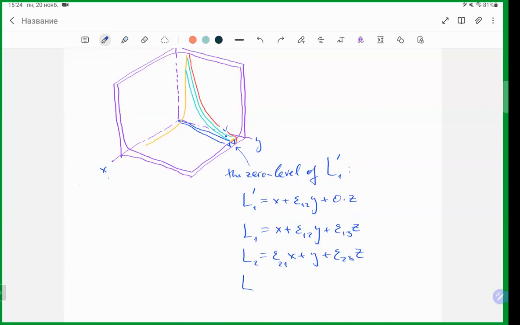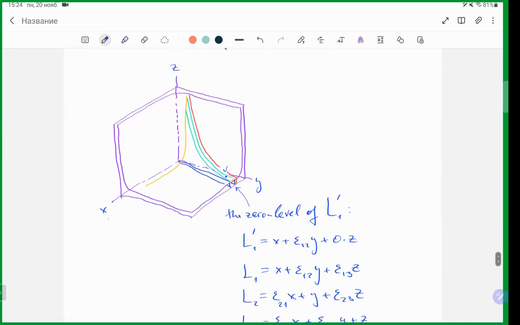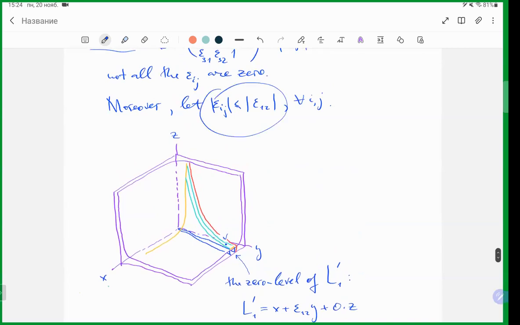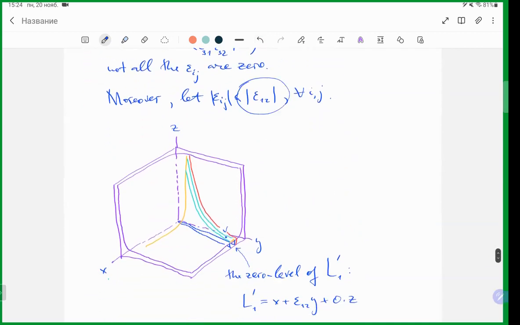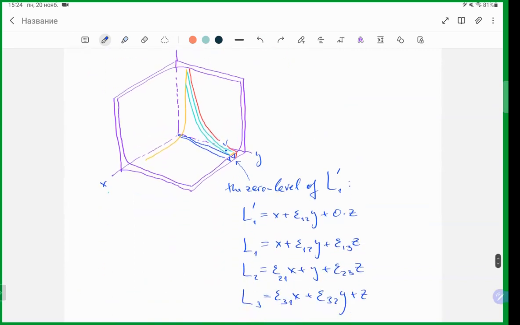But the third form is important: epsilon 3,1 x plus epsilon 3,2 y plus z. Now, we only know that all the epsilons are bounded by the epsilon, and epsilon 1,2 is the greatest among them, right? So what can happen?